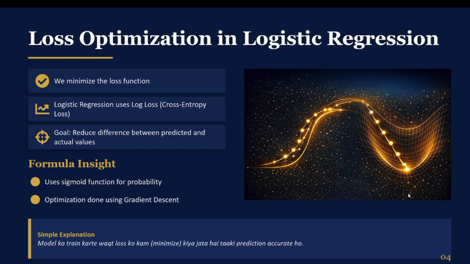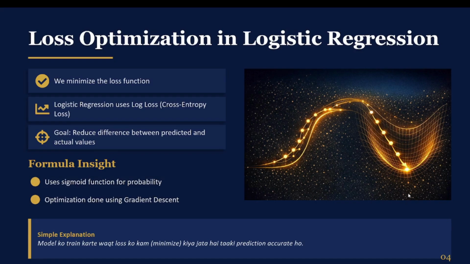This function penalizes the model heavily when it is confidently wrong. For example, if the true label is 1, but the model predicted a probability close to 0, the log loss will be very high. Conversely, when the model's predictions are close to the true labels, the log loss will be very low.